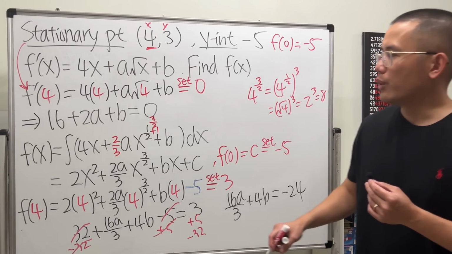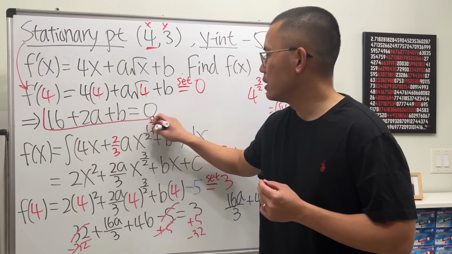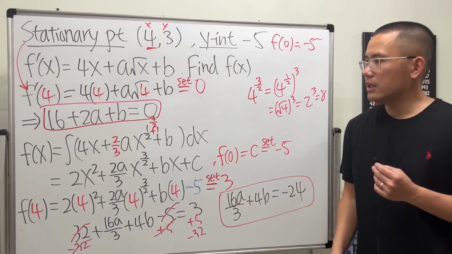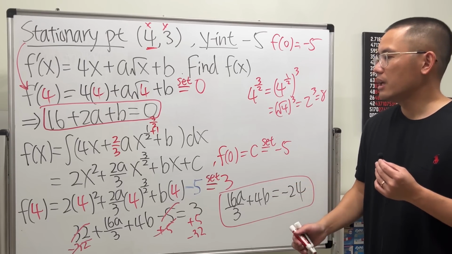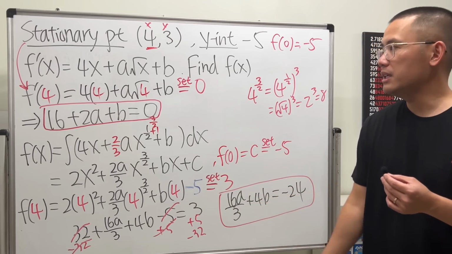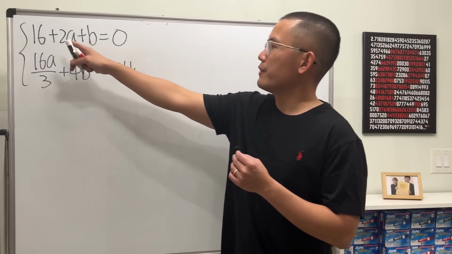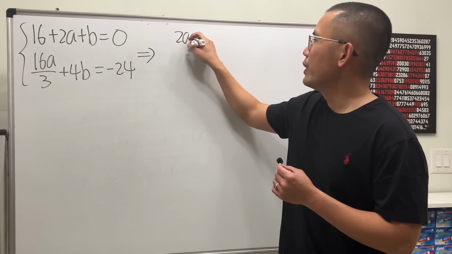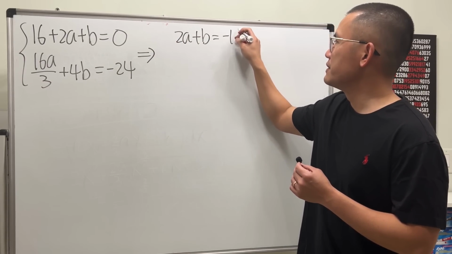So now we have two equations. This one and this one. And we just have to solve a system of equations. And then at the end, we just have to plug into our original function, and that will be it. So for the first equation, let me put a 16 to the other side. Then we will get 2a plus b equals -16.